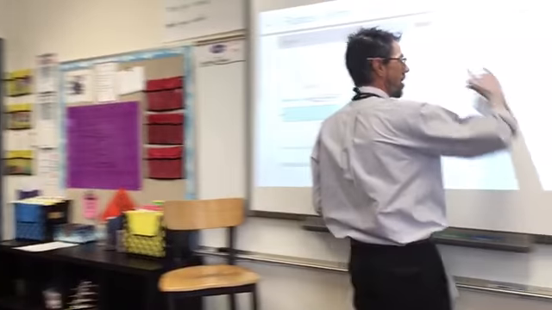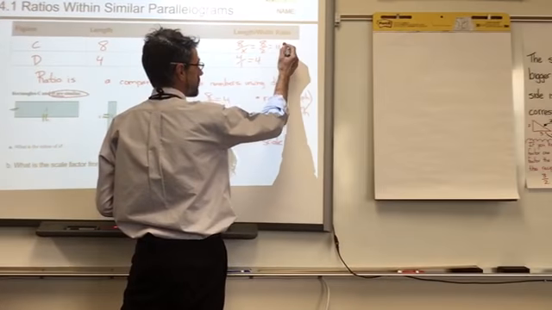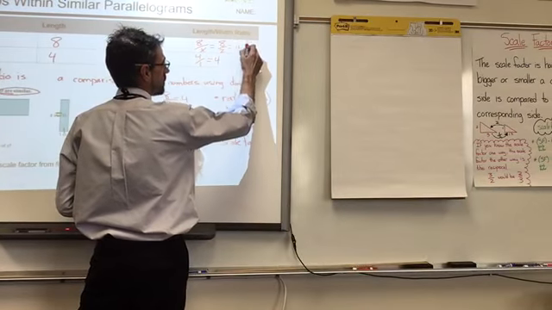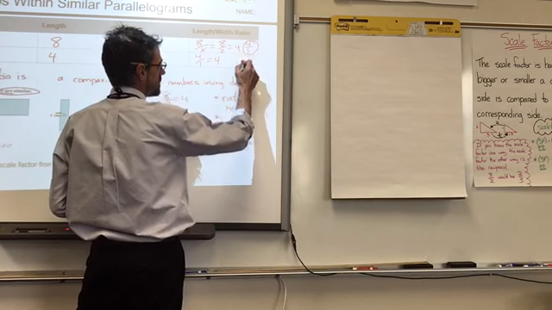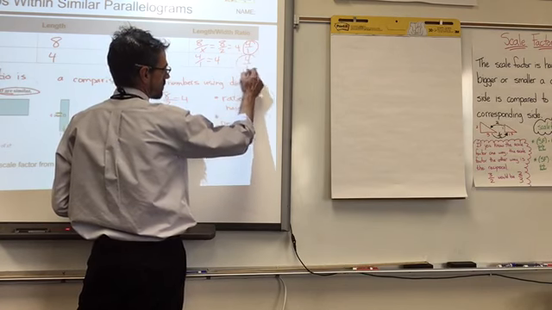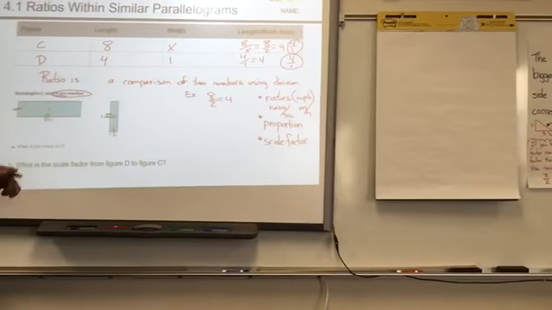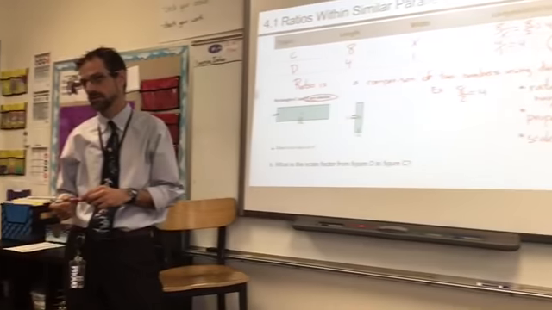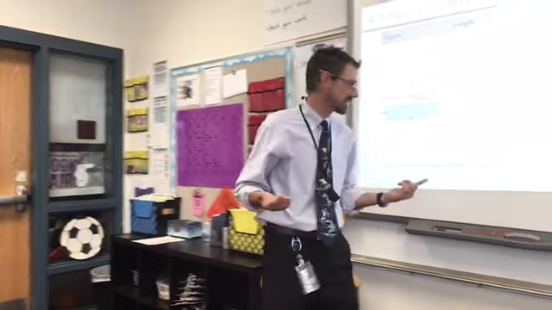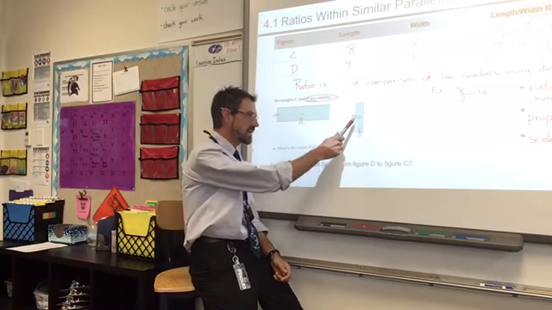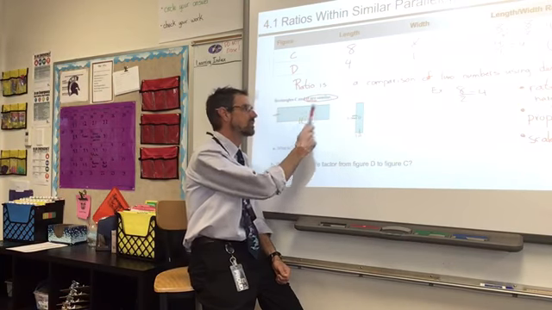So because they are sharing the same ratio, 4 to 1, those two objects are similar and they have a scale factor.